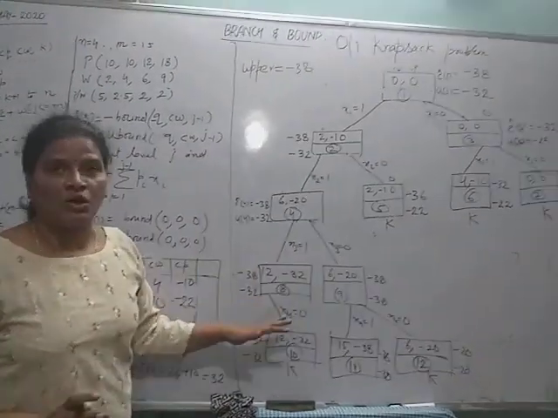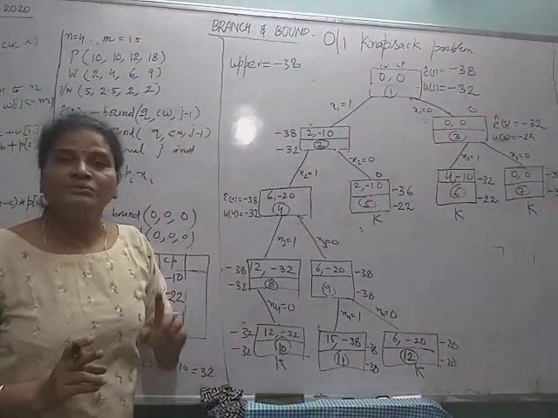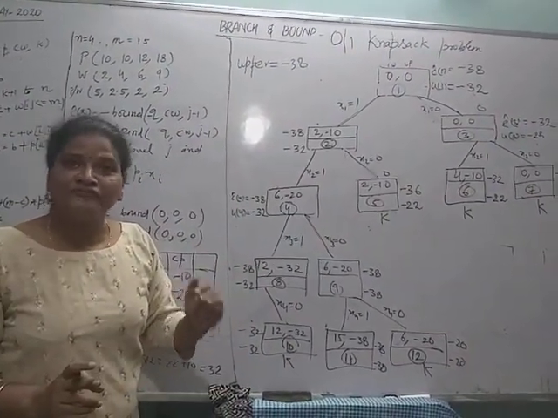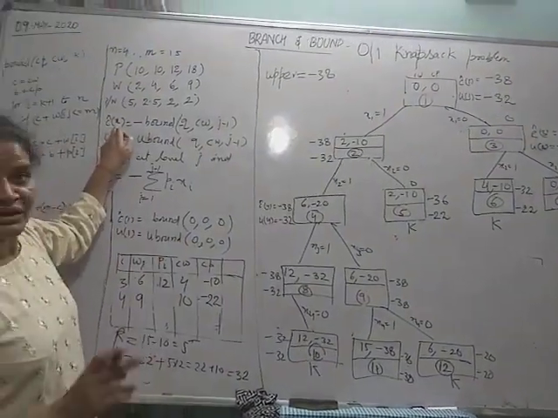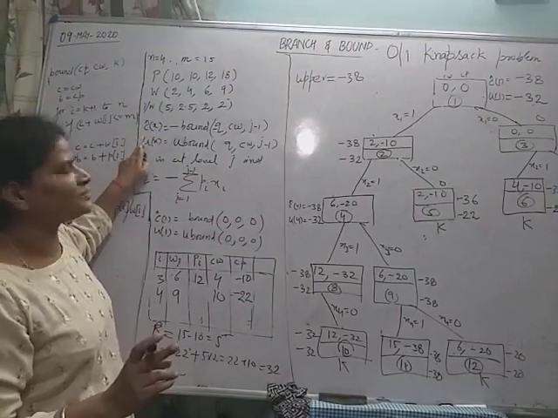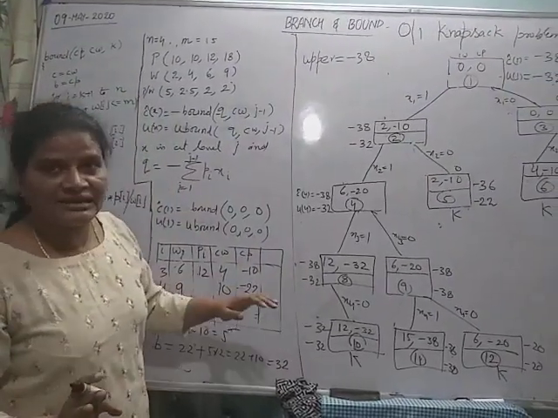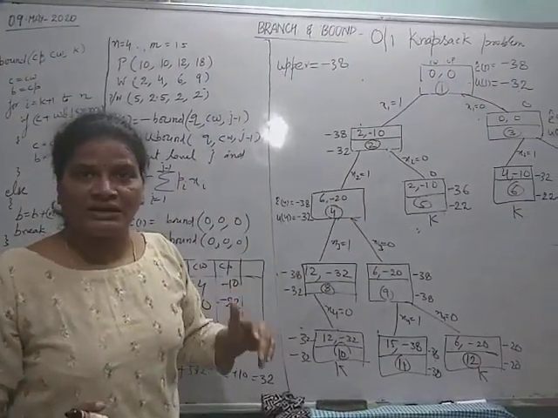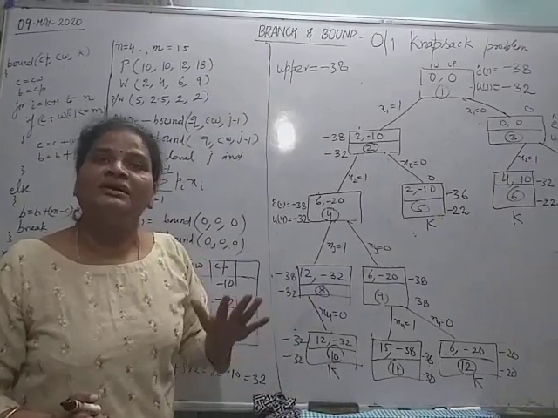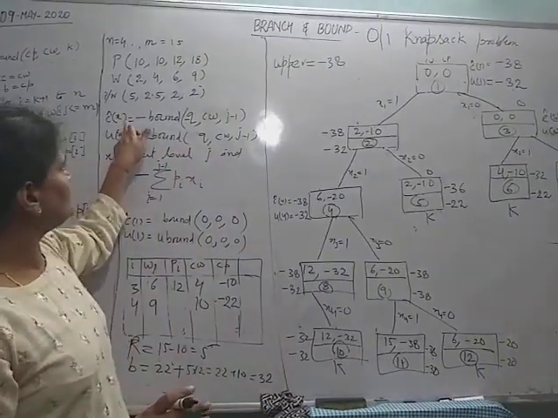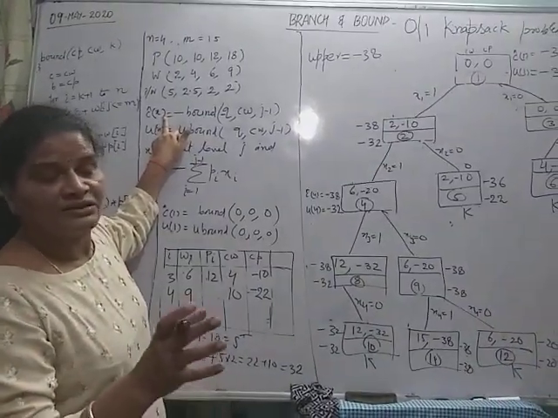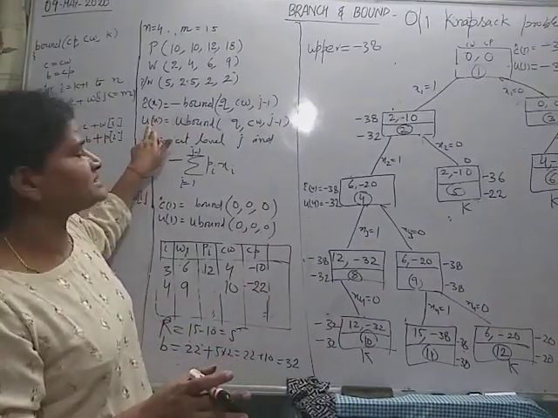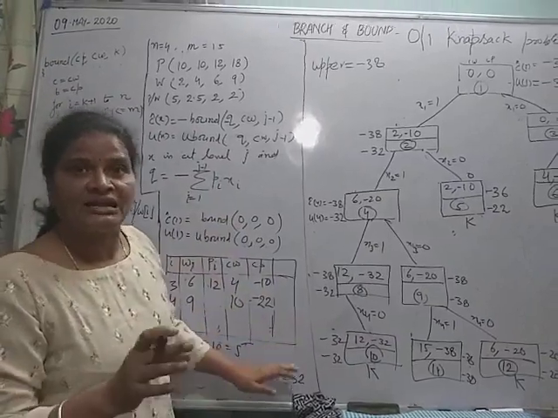When we solve the 0-1 knapsack problem using FIFO branch and bound, then again for every live node you have to compute C cap and U. Here the purpose of lower bound and upper bound is to kill the node. This lower bound, when fractions are allowed, gives the cost when fractions are allowed, and the upper bound gives the cost when fractions are not allowed.